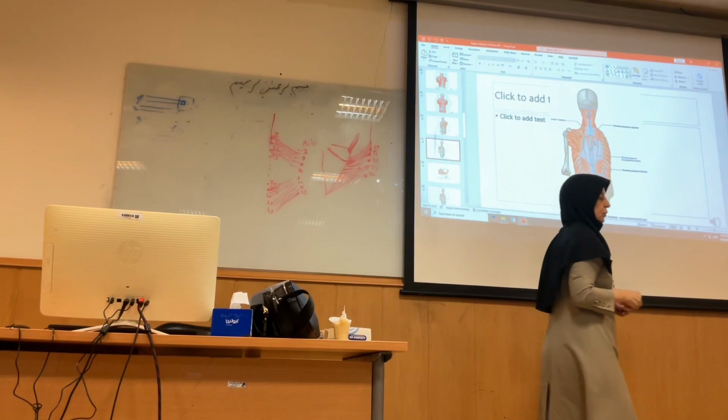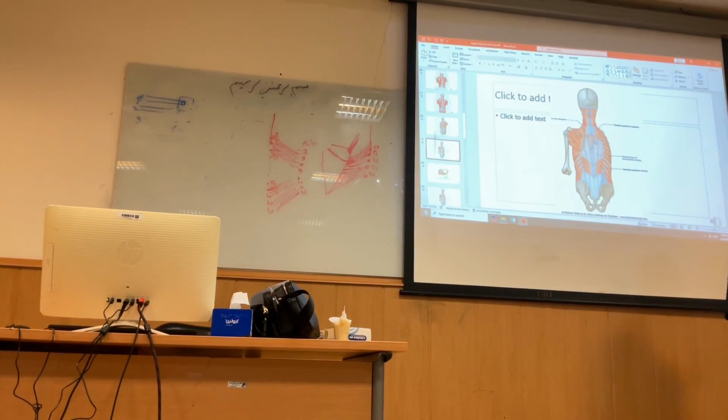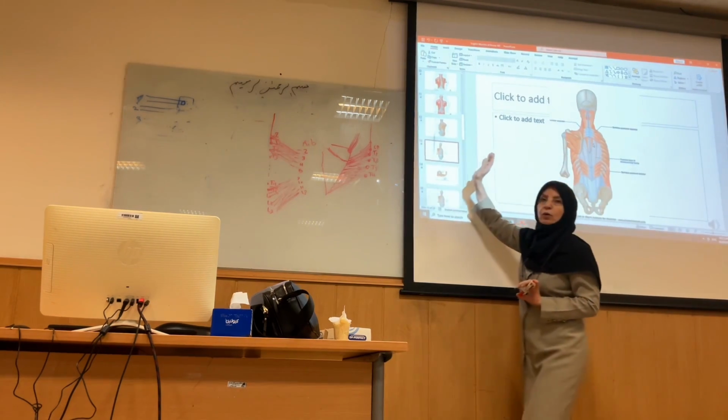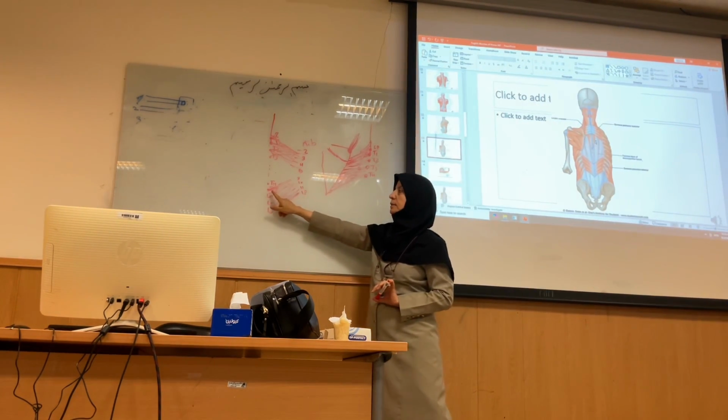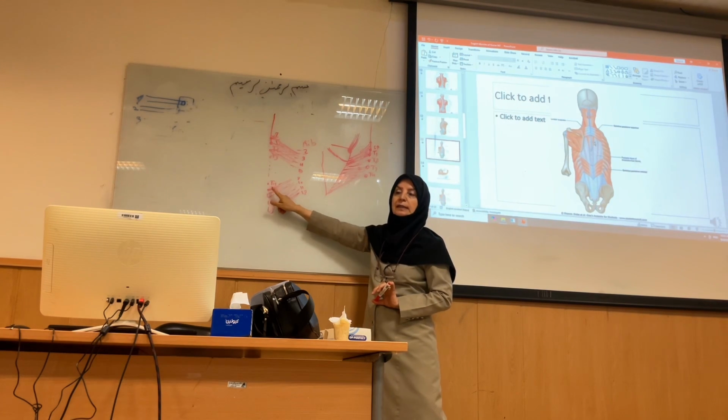I'm going to ask you, all of the following muscles, please pay attention. All of the following muscles are going to attach or connect to T12 except... Posterior inferior serratus muscle has connection.